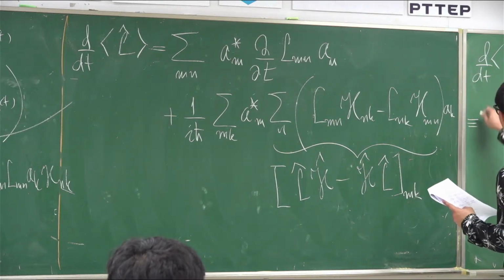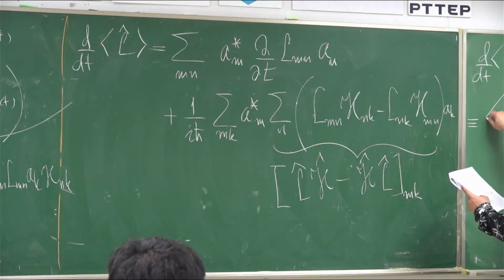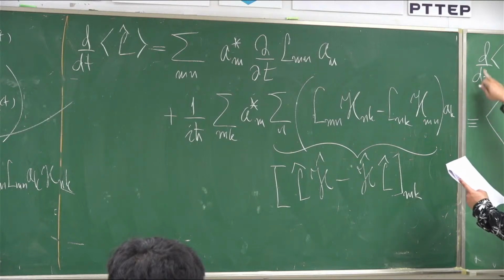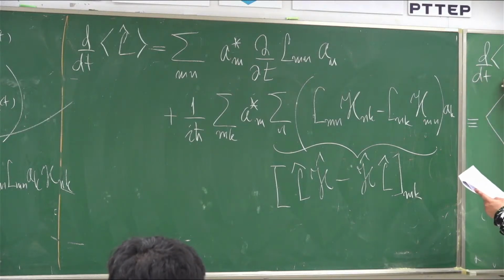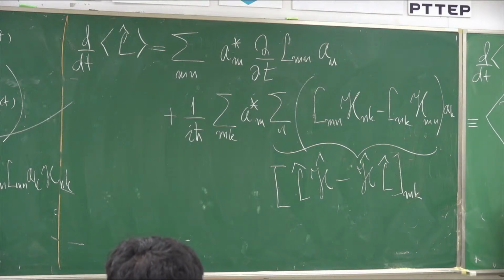Now I define this bit to be, so I put this total derivative inside the bracket. I'm going to have this, which you can put in a matrix way, in a matrix form, like this, okay, which is represented by this whole thing.